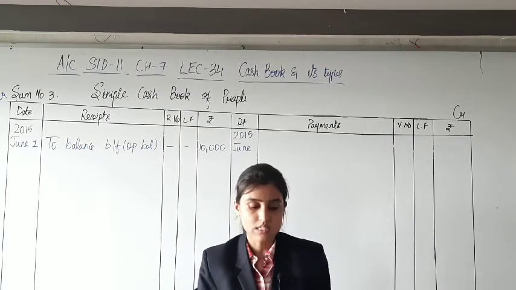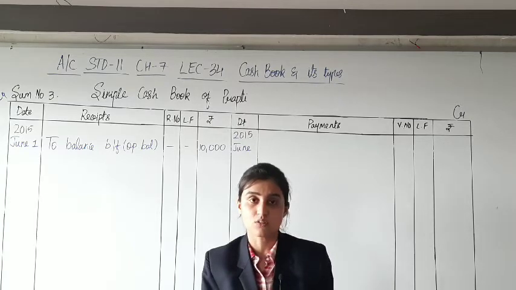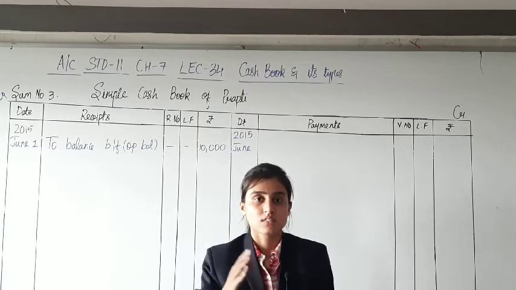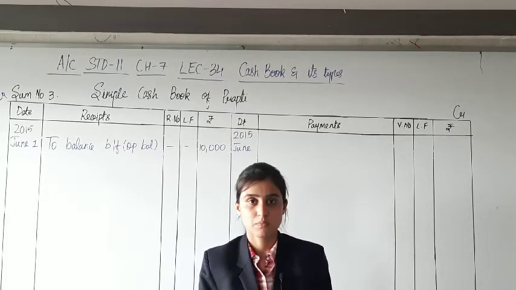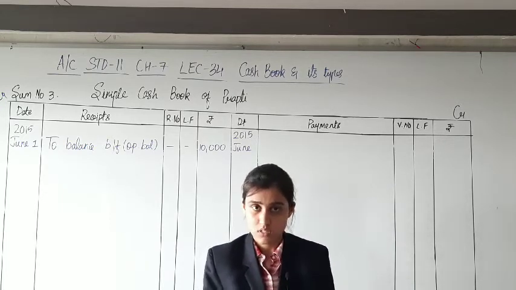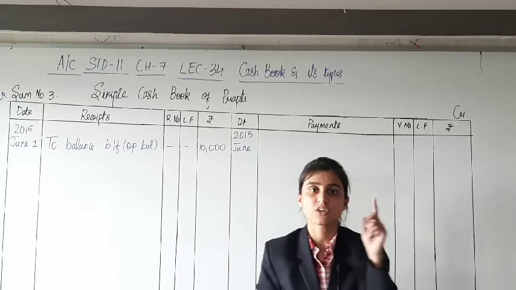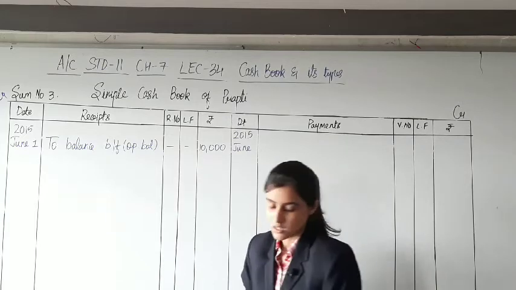Then on 2nd of June, cash sales rupees 3,000. Sales has been made of rupees 3,000. Obviously you have sold goods. If you sell goods, cash comes in or goes out? It definitely comes in. Cash account debit to sales account. So cash is received, of course, 3,000.